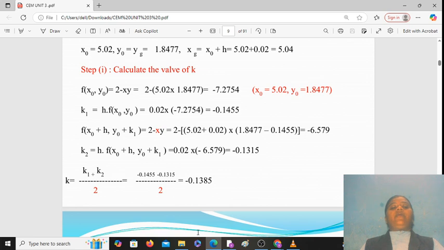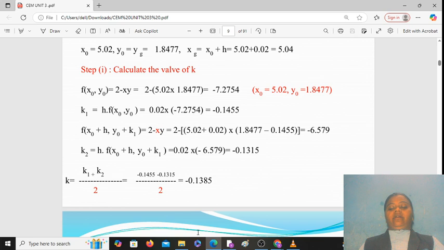Then f(x0, y0) is 2 minus xy, that is 2 minus 5.02 into 1.8477, which is equal to minus 7.2754. The value of K1, that is h into f(x0, y0), is equal to 0.02 into minus 7.2754, which is equal to minus 0.1455.